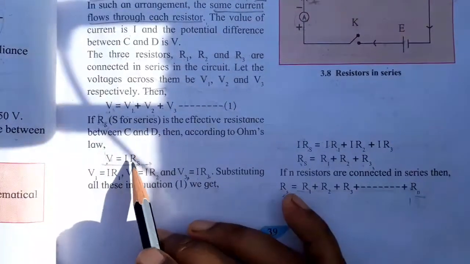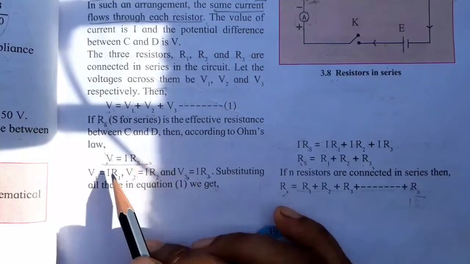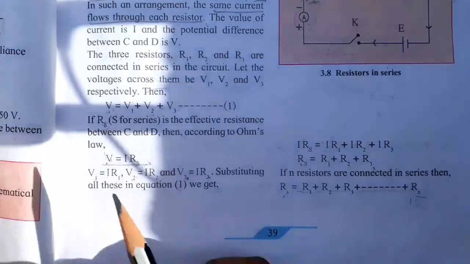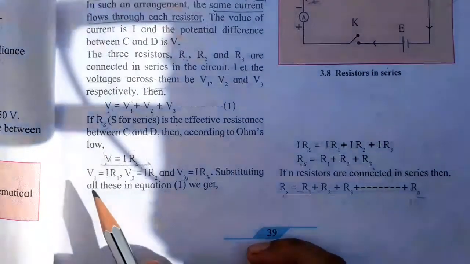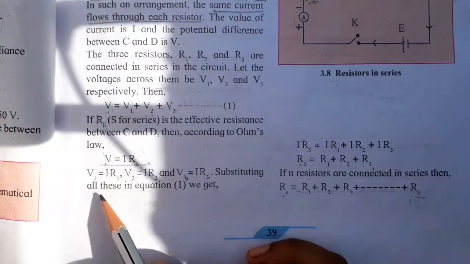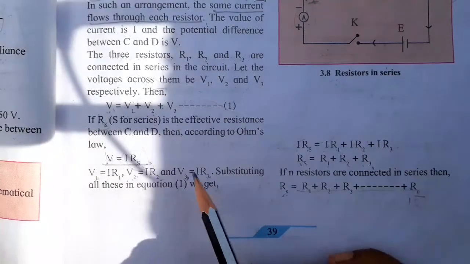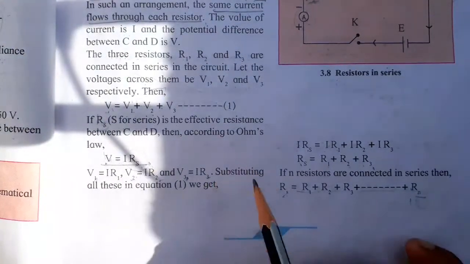So V is equal to I RS. The current flowing through the circuit is the same, but the voltages are different. So we can write V1 is equal to I R1, V2 is equal to I R2 and V3 is equal to I R3.